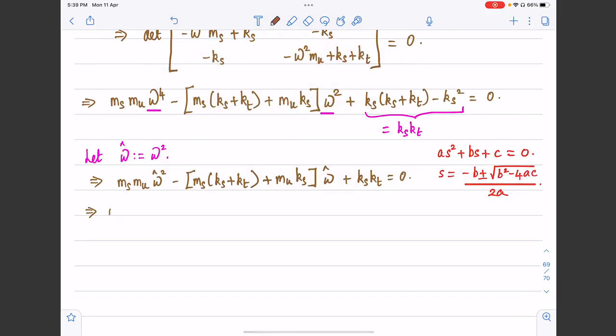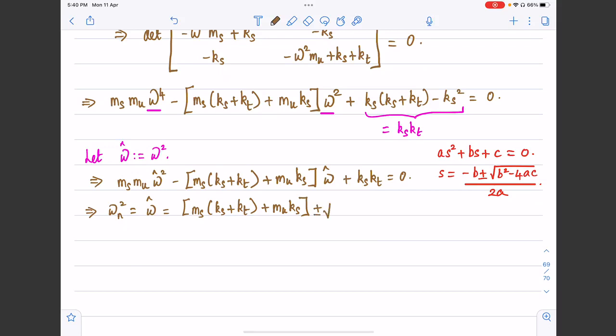Okay, so consequently, the solution to this equation will be omega n squared. I'm just inserting the subscript n here, just to show that the solutions are going to be the natural frequencies. So minus b is going to be ms times Ks plus Kt plus mu times Ks. This is going to be a rather long expression, so please bear with me.